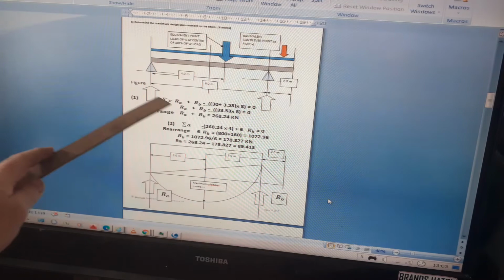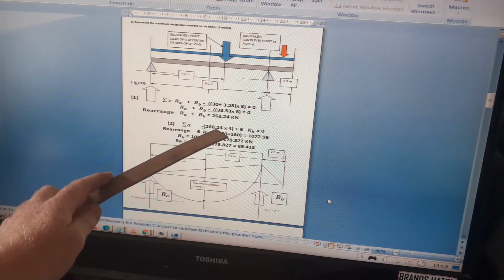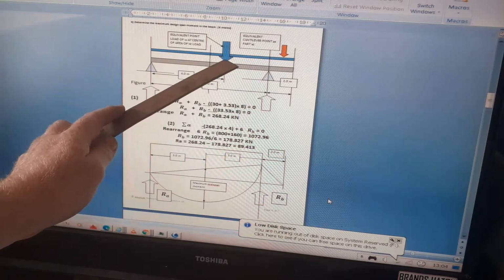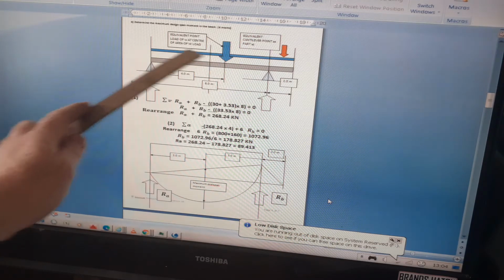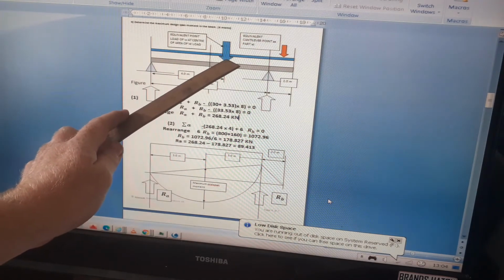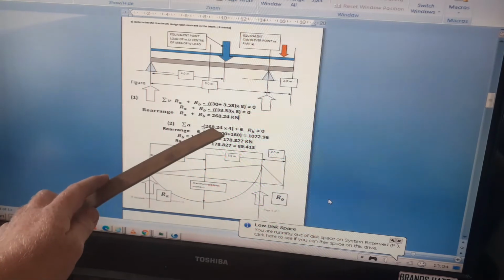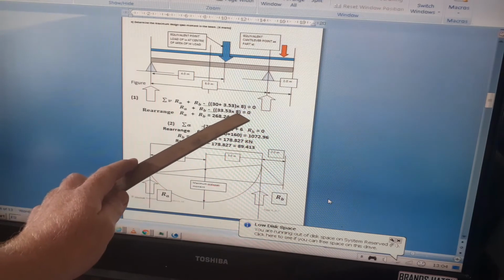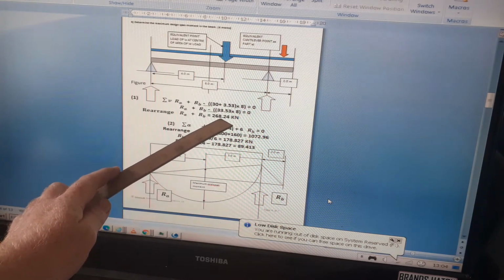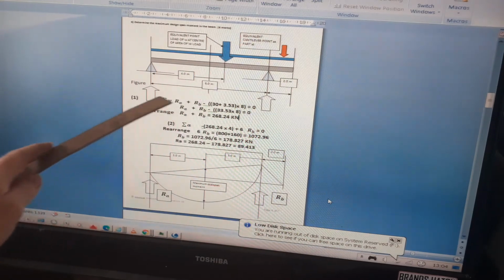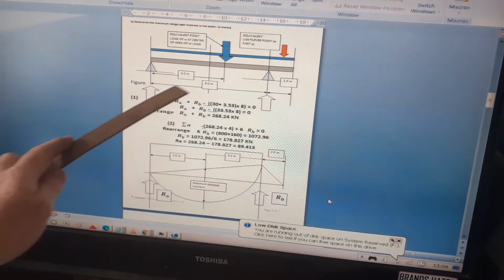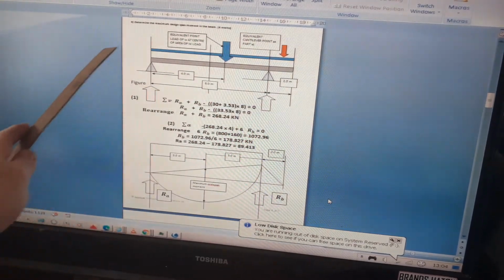So the force going clockwise about A is 268.24 times 4. Just to say that again, it's the total UDL over the entire length of the beam at the centre of load, so it's simply 33.53 times 8, which is 268.24, and then times 4 meters, which is the perpendicular lever arm, and that must equal 6 meters times RB, because RB goes the other way.